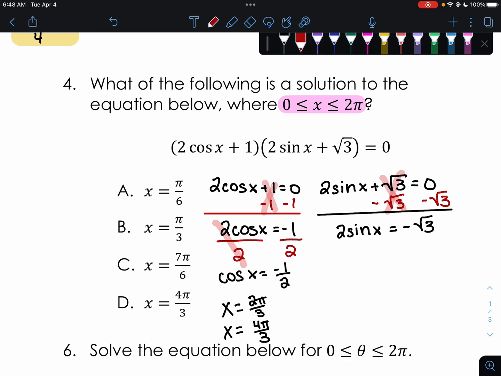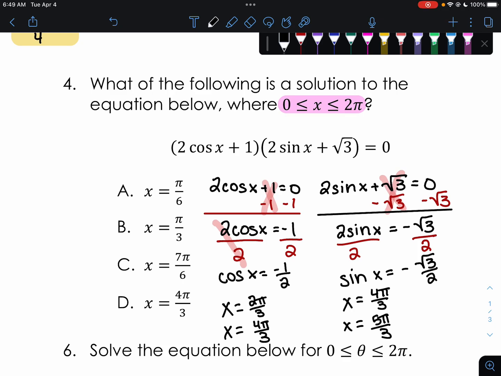Then I'm going to divide both sides by 2, and that gives me sine x is equal to negative rad 3 over 2. Again, I'm trying to find what angle would give me negative rad 3 over 2. That would be 4 pi over 3 and 5 pi over 3.